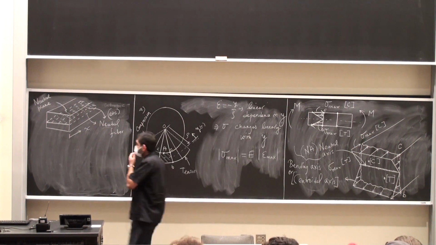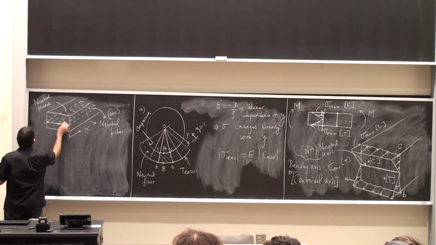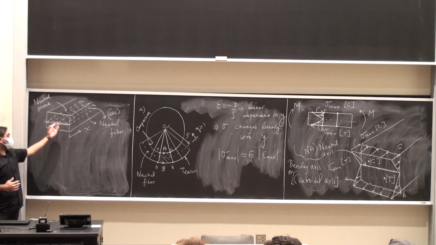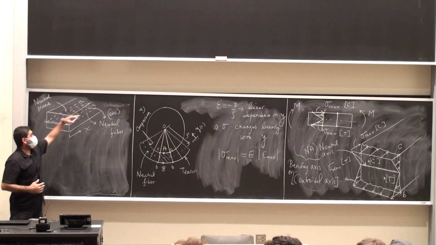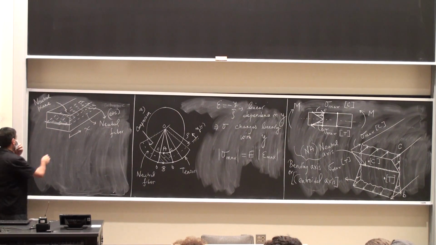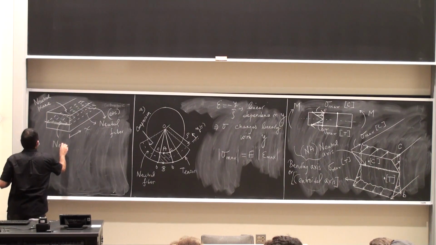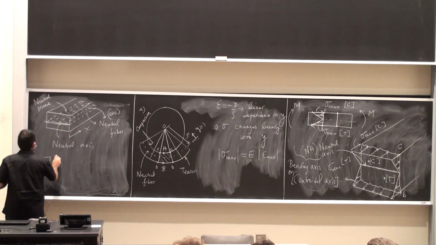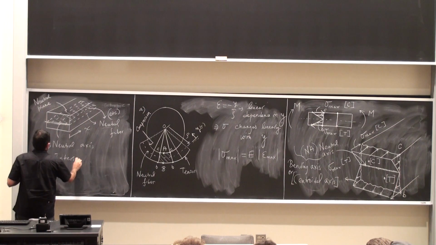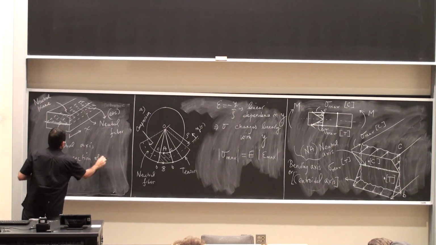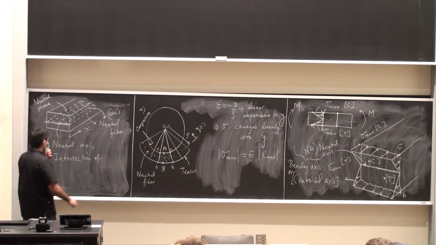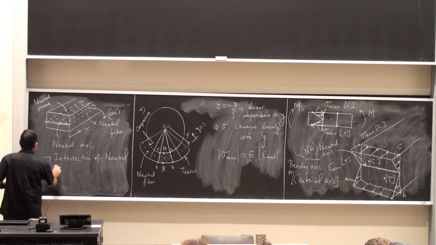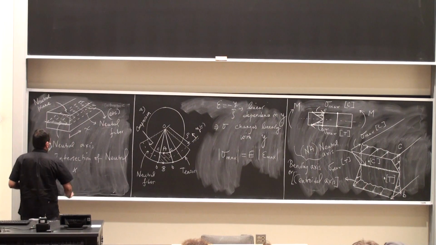So this line here, which is the cross-section plane intersecting with the neutral plane, is the neutral axis. This is the intersection of the neutral plane and the cross section.